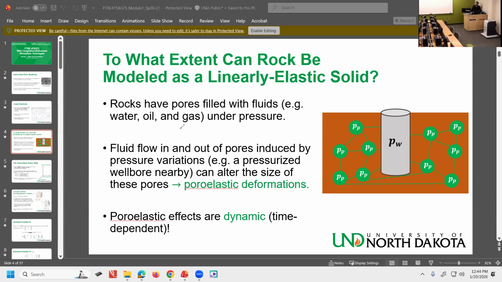A very famous one is called FLAC 3D, Fast Lagrangian Analysis of Continua, which is, I don't want to call it inhumane software, but it's very hard to deal with. But very powerful when used properly. I have a student working on that. Anyway, highly complicated stuff.